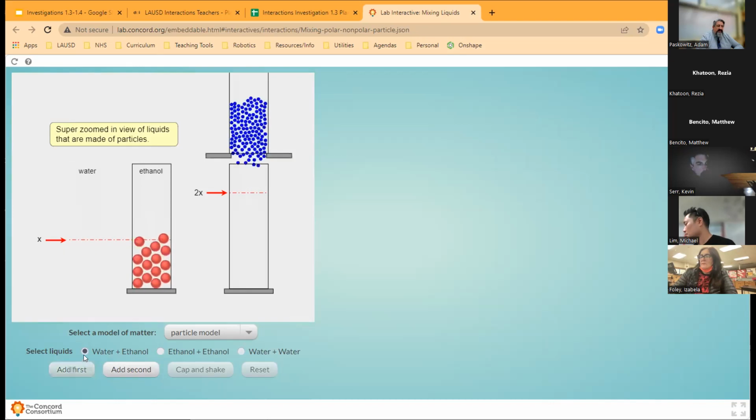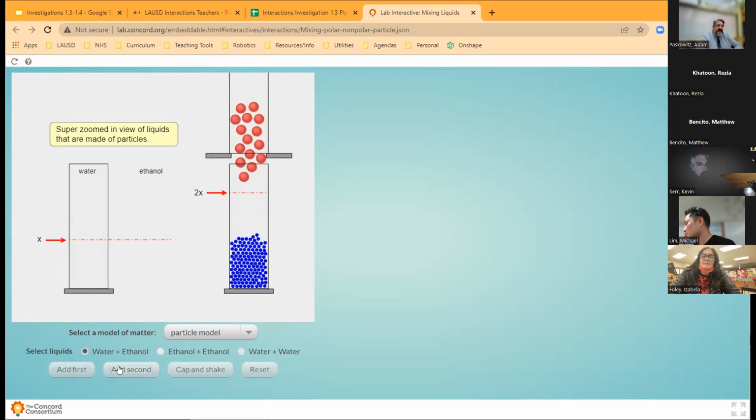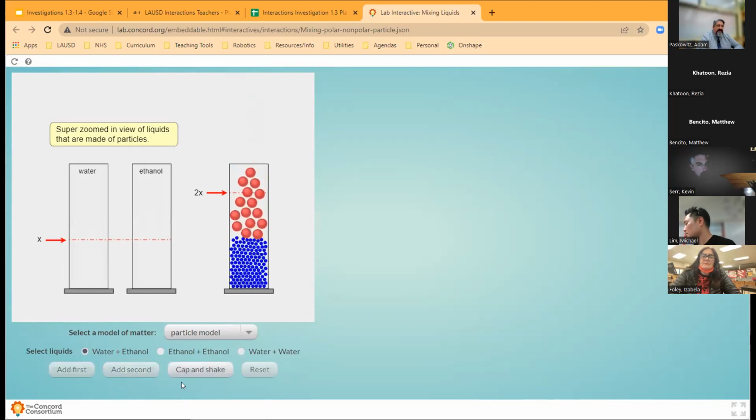So we can see that they're both X. We had X in each of these, and then you put the water and the ethanol in the same cylinder, and then you cap it and shake it, and they end up being less than 2X. So again, in real life, the change is not this dramatic, but you can see here why it's happening. You can see the smaller particles fitting in between the larger particles.